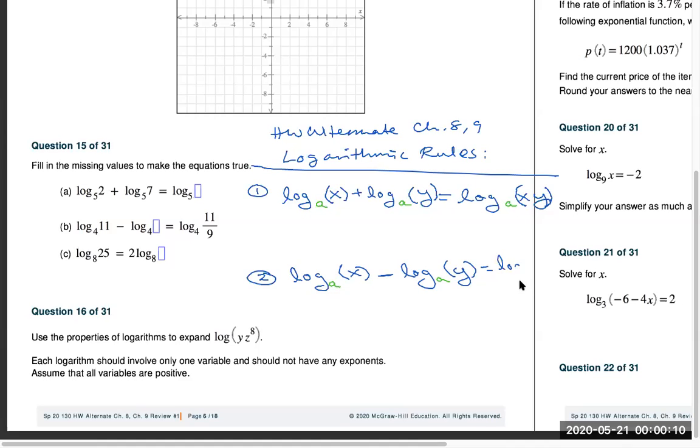That's going to equal log base A of x divided by y. So where that comes from, this plus leads to a multiplication. This minus leads to a division.